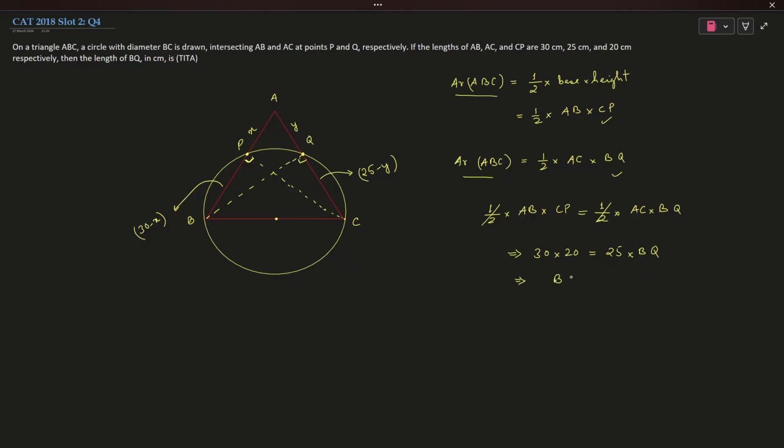So BQ can be written as 30 into 20 by 25. 5 5s are 25, 5 into 4, 5 into 6 is 30. So 24 centimeters, guys. Correct answer will be 24. Type in the answer. So 24 is the correct answer. Good question, guys. Let's move on to the next question.